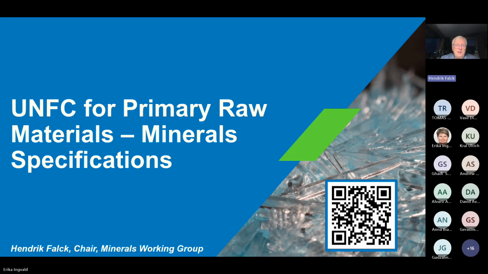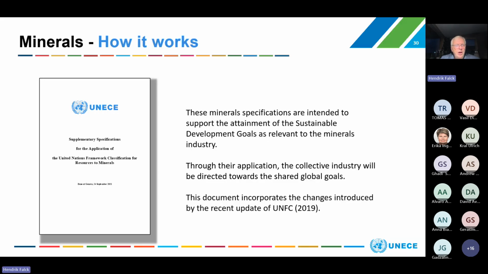And so in the UNFC system, we have different specifications for each resource type as well. These specifications allow the greater level of depth and detail that is needed for each of the resources individually.